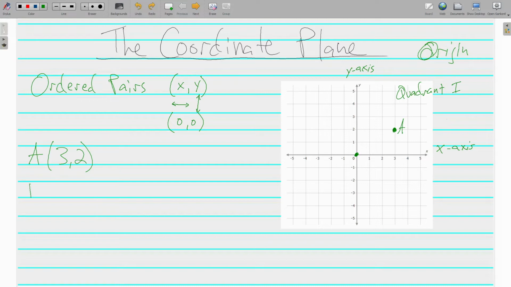Let's see, point B. Point B I'm going to put in quadrant 2. Quadrant 2 is up here in the top left, and again we're using Roman numerals. If I did -4, 1, I would have a point in quadrant 2. I'd go left 4 to the -4, and then up 1 to the +1.